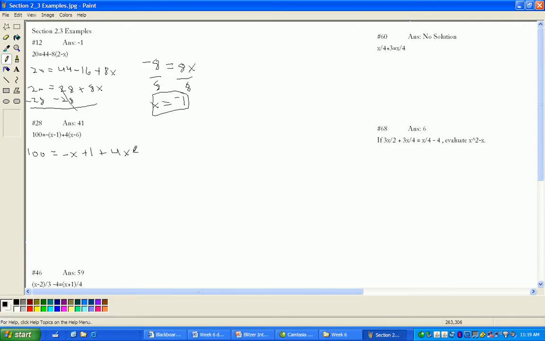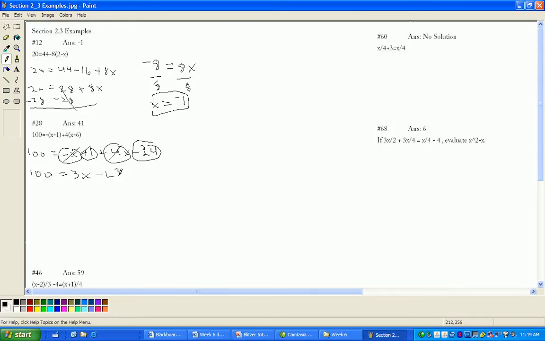So we see we need to clean things up on the right a little bit. The left is still okay. 100 is equal to, combine our x's, we get a plus 4x and a minus x. That gives us a positive 3x. Now we have a negative 24 plus 1. That gives us a negative 23, right?